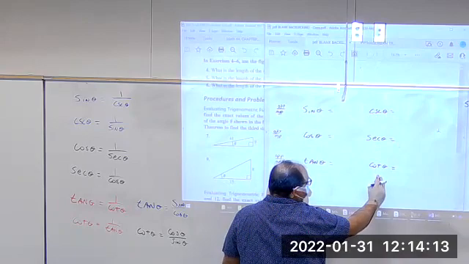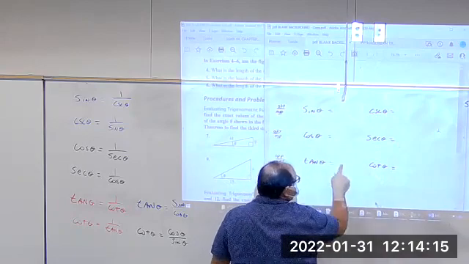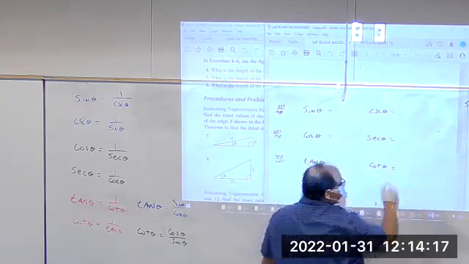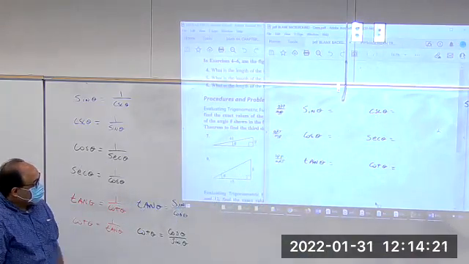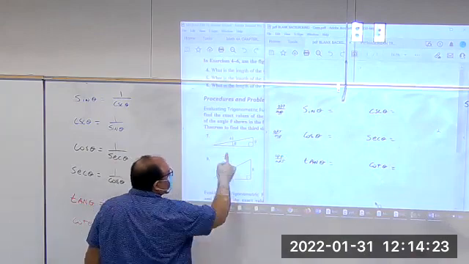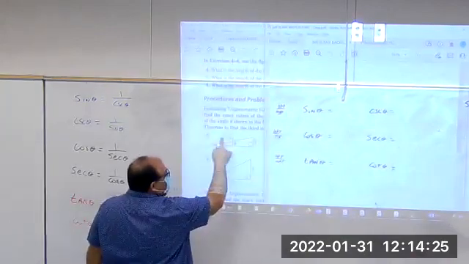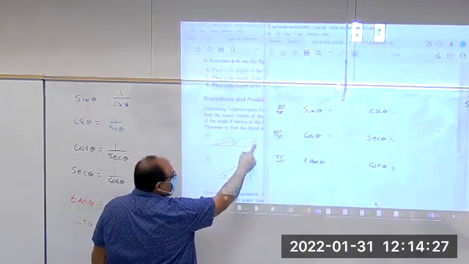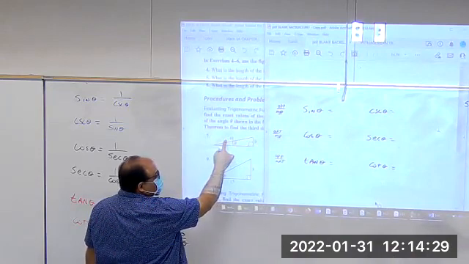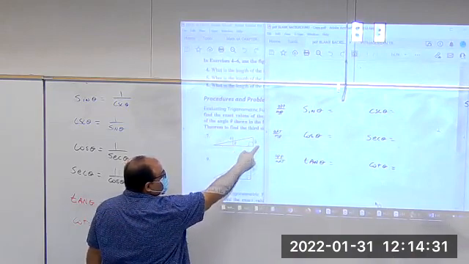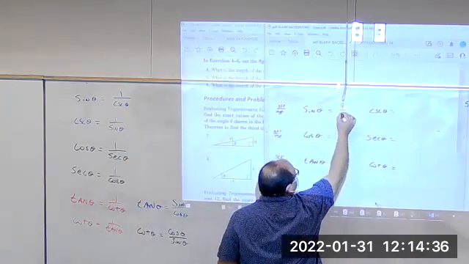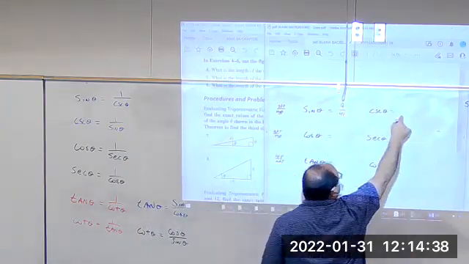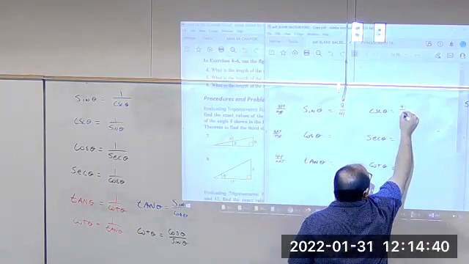I'm just going to find these 3 answers, and then I'll flip these over. Opposite is 9. Hypotenuse is 41. Sine is ready to go: 9 over 41. So cosecant is ready to go: 41 over 9.